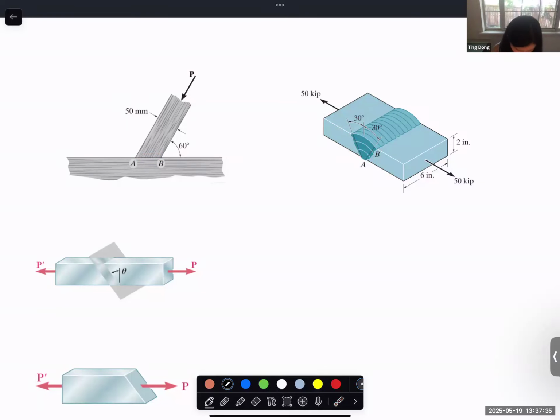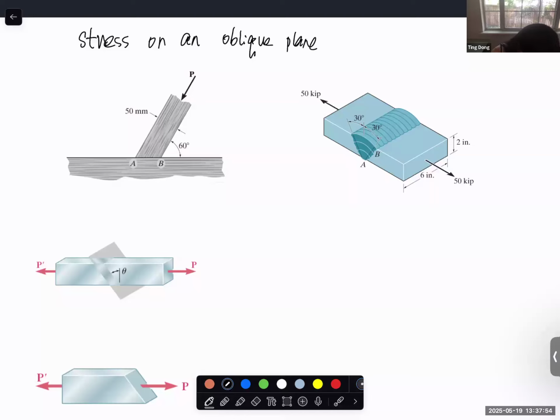So the topic is stress on the oblique plane and axial loading. I think this is chapter 1.3.